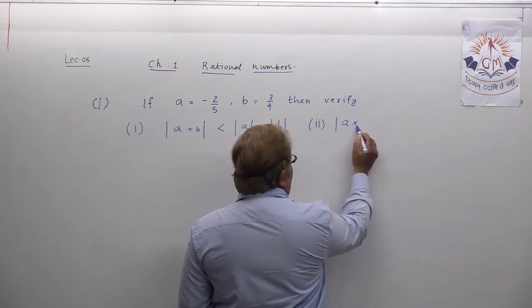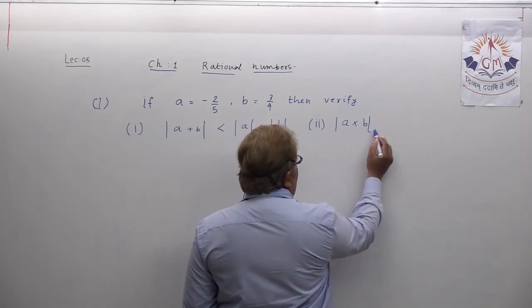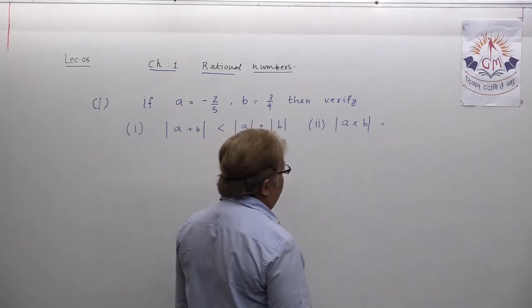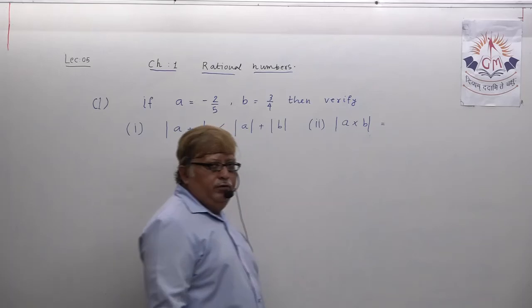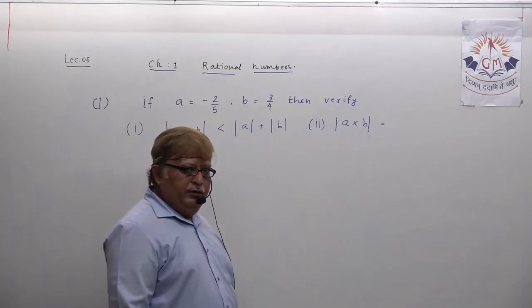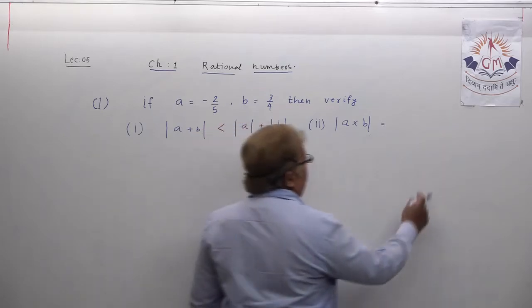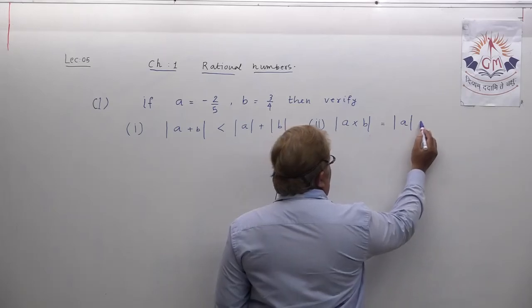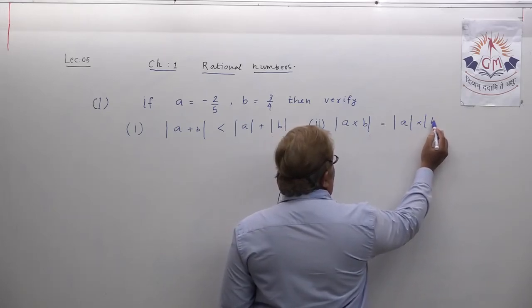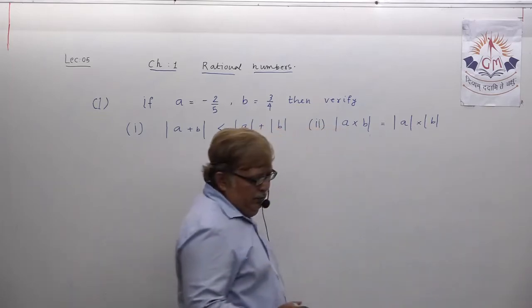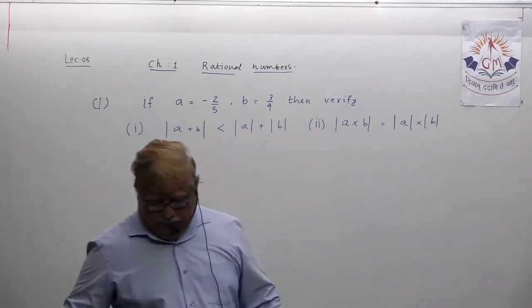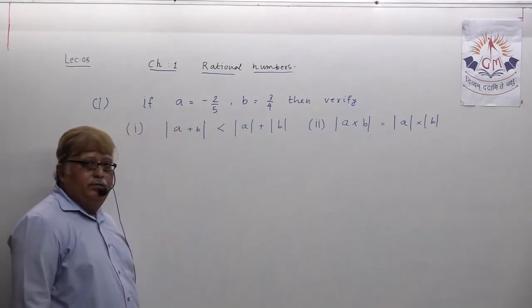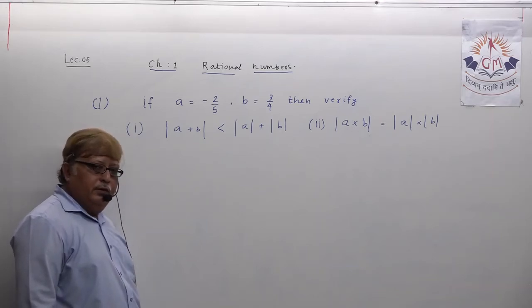Modulus of A multiplied by B is equal to modulus A multiplied by modulus B. Every time you say absolute value, in short you can say modulus, that's far better. First, dear student, just verify the sum which is given here, and then we will try to solve it. Understand?